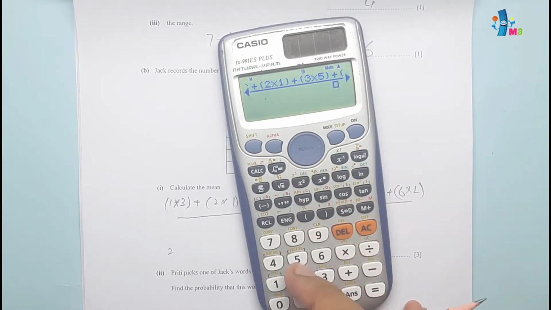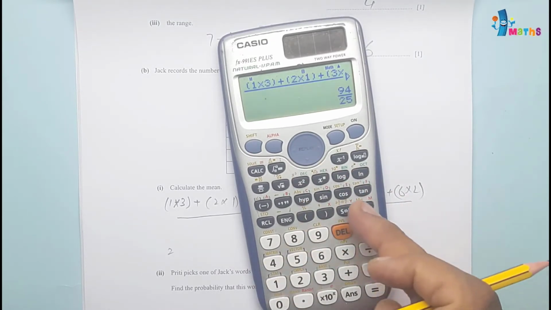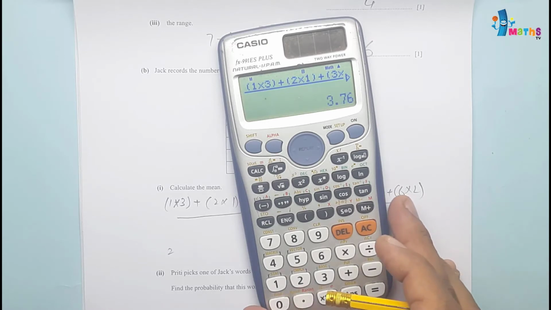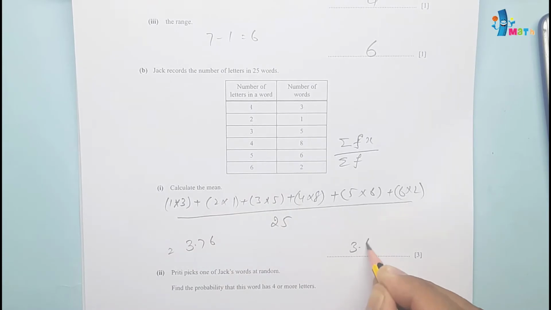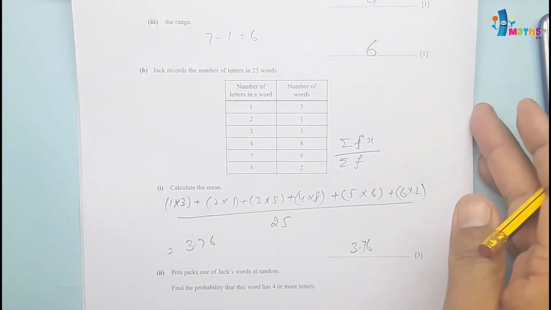So divided by 25 is equal to 3.76. 3.76 will be our answer.